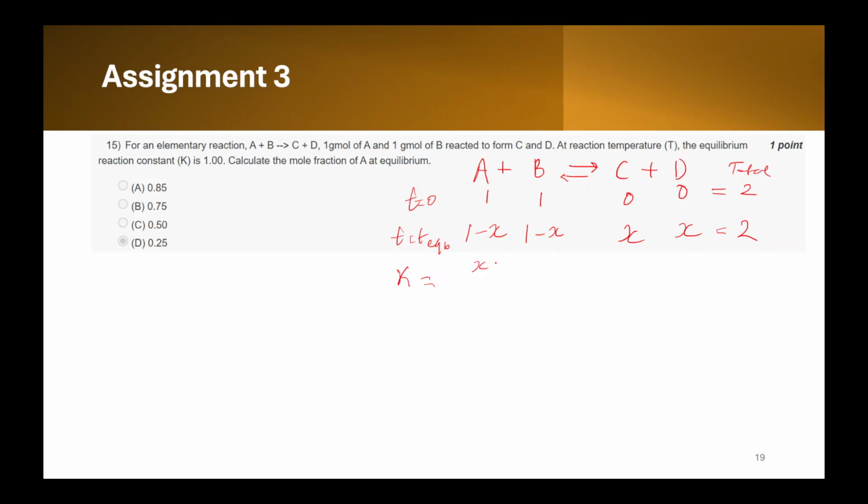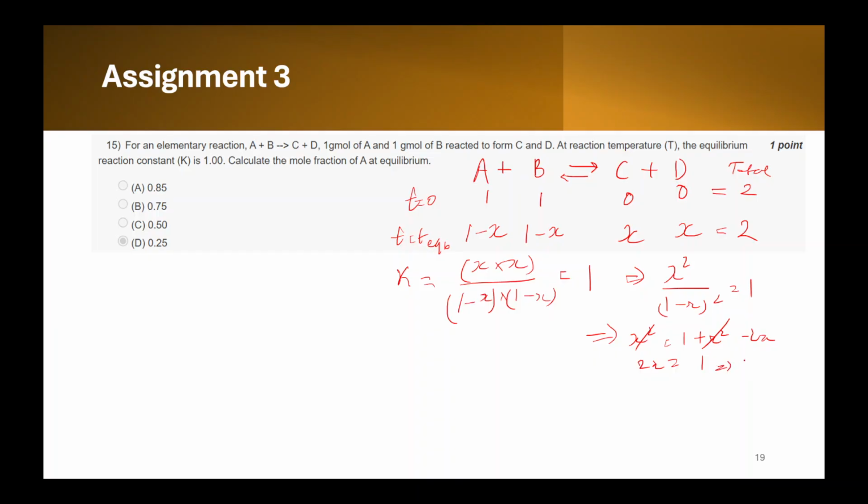So x into x upon 1 minus x into 1 minus x. So this is your 1. Okay. So x square upon 1 minus x whole square is 1. So from this you can find x square is equal to 1 plus x square minus 2x. So x square will get cancelled. 2x is equal to 1. So your x comes out to be 0.5.